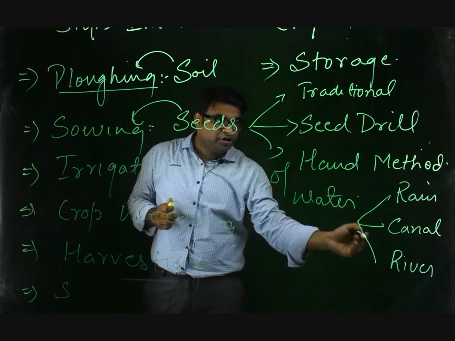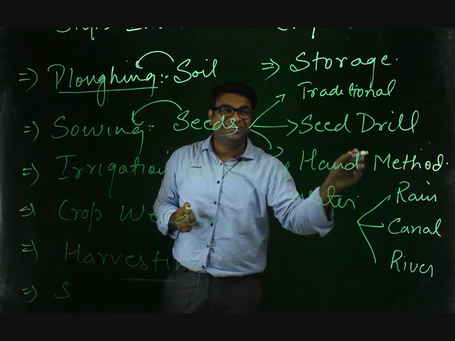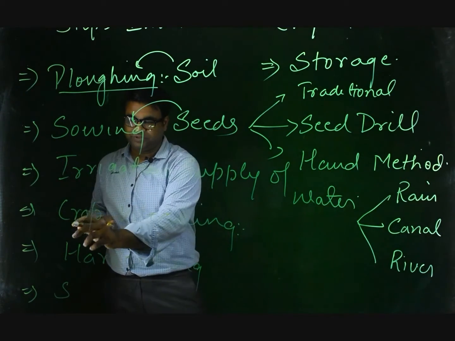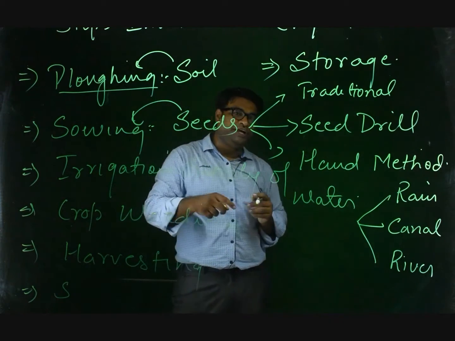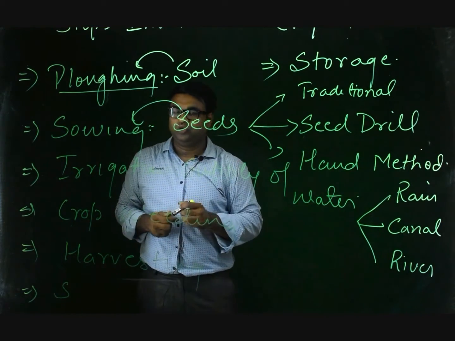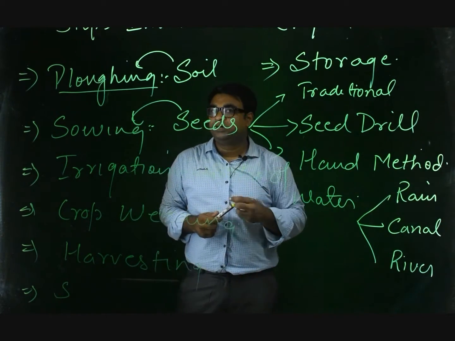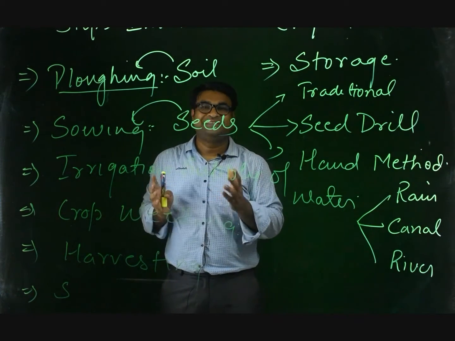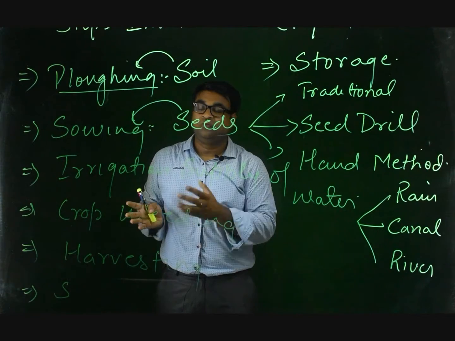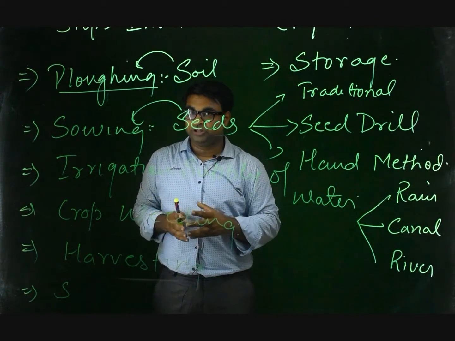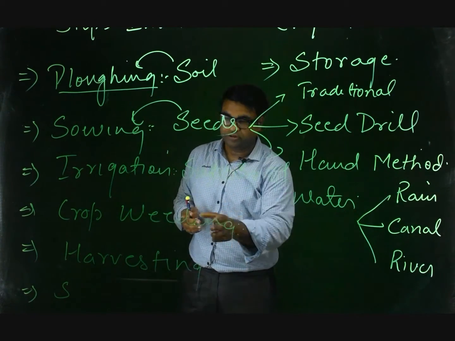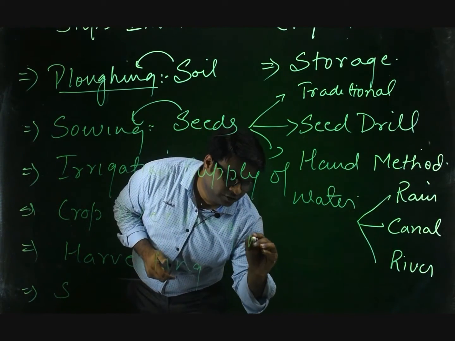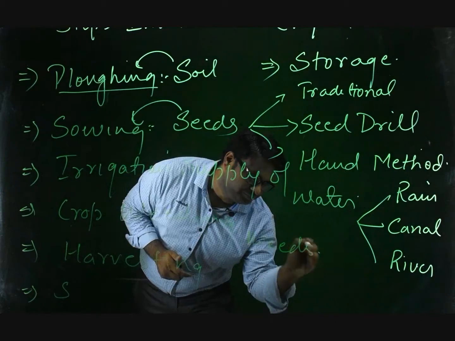Now, after performing all these activities, what is the next step? The next step is crop weeding. In crop weeding, we remove the unwanted plants which grow beside the crop plants, which is not good for the crop. These are the weeds.